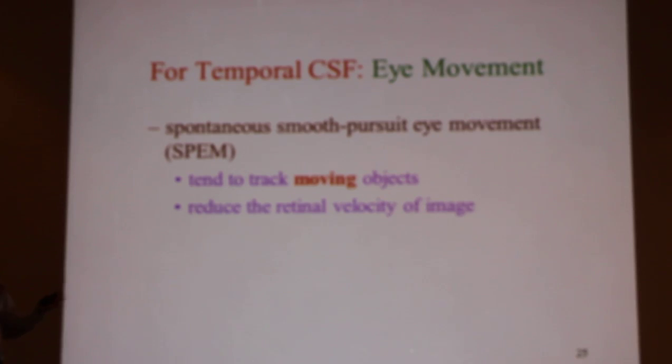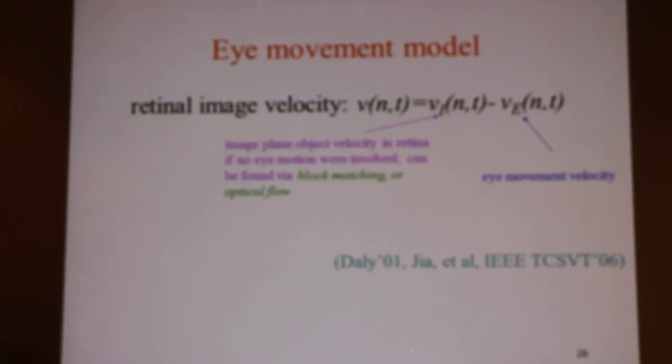So actually you cannot 100% track the object in the retina. So you actually need to do some compensation in this. A simple compensation is you have the object movement speed projected in the retina.